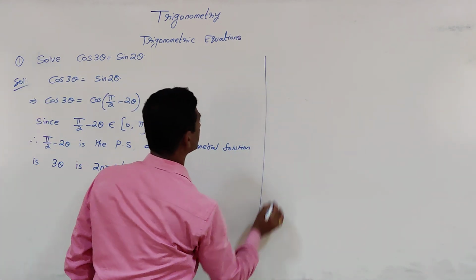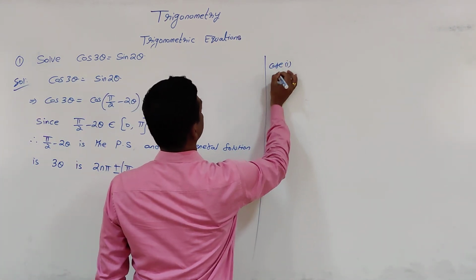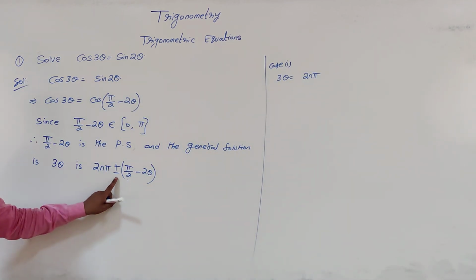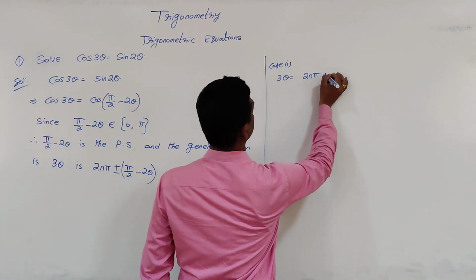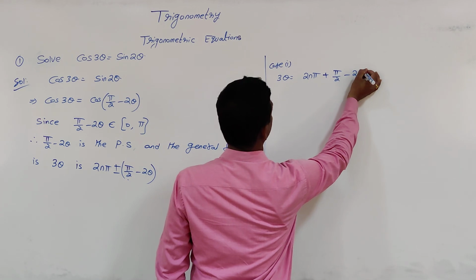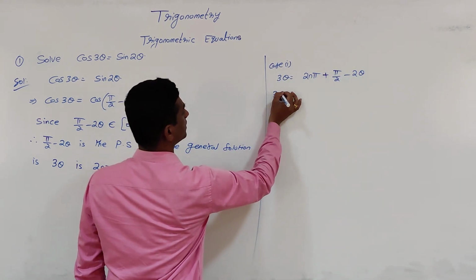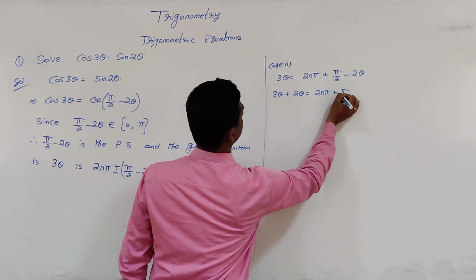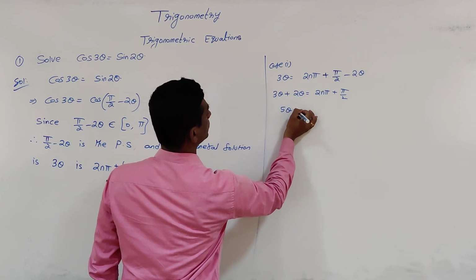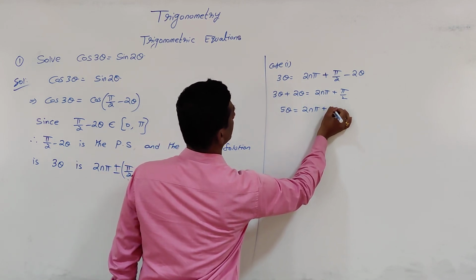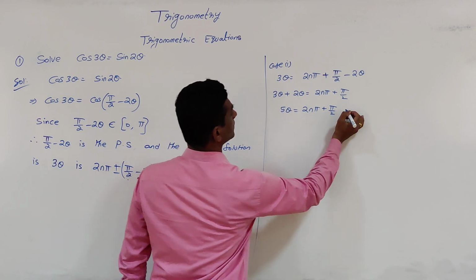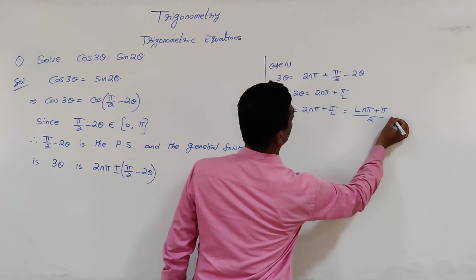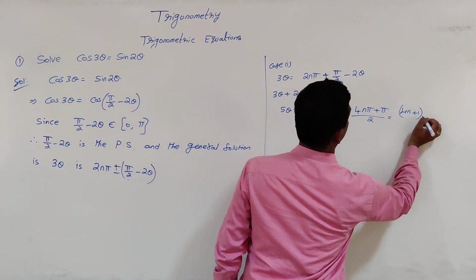Now we will see case 1. 3 theta is equal to 2n pi plus or minus. If you consider plus, pi by 2 minus 2 theta. Take this minus 2 theta to this side. So it will be 3 theta plus 2 theta is equal to 2n pi plus pi by 2. So 5 theta is equal to 2n pi plus pi by 2, or if you take the LCM, it will be 4n plus 1 times pi by 2.